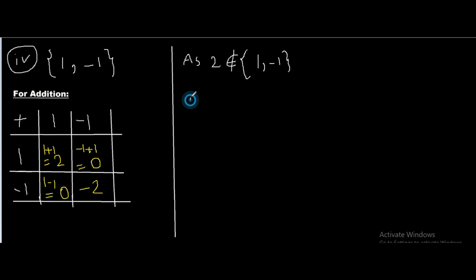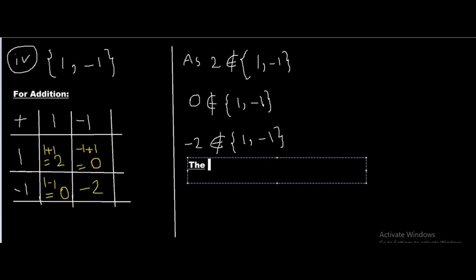Second result: 0 is also not belonging to the given set, 1 and -1. The third entry is again 0, which has already been written, while the fourth entry, -2, is also not belonging to the given set. Therefore you can say that the given set does not obey the closure property of addition.